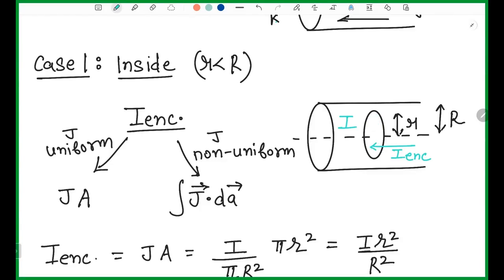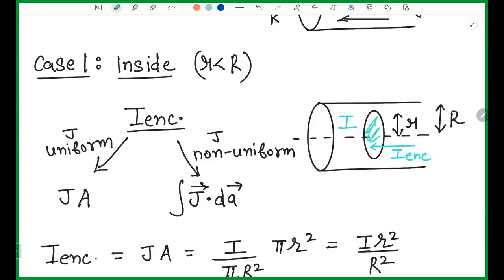Always remember, I enclosed has two formulas. Number one, if you have uniform current density. For example, in this case, we have uniform current density. Whatever the current is here, the same current is here, same here, same here. So it's a uniform current density. In that case, you simply multiply your J with the area that you have taken.